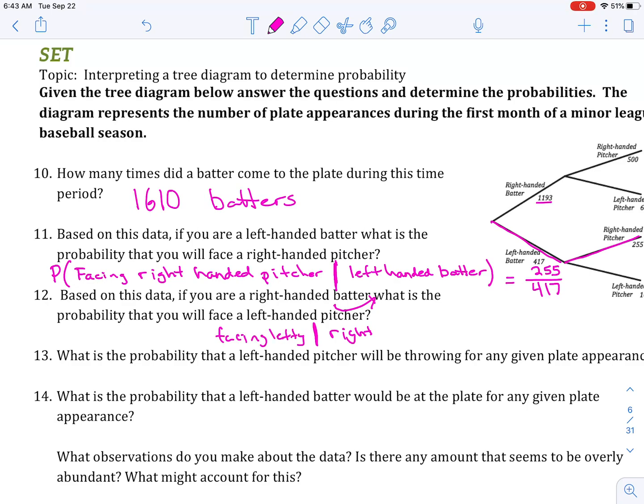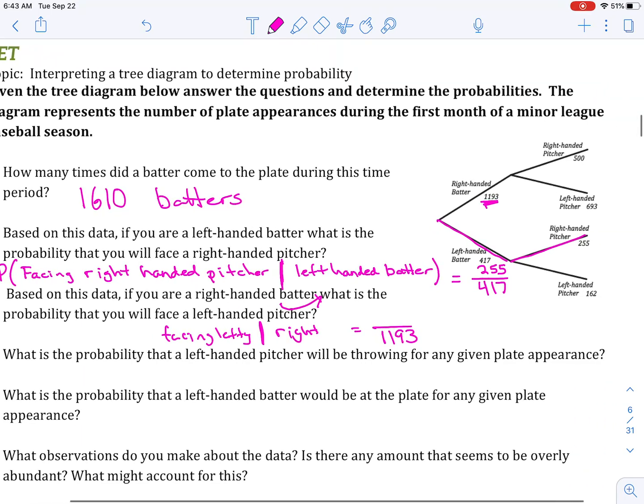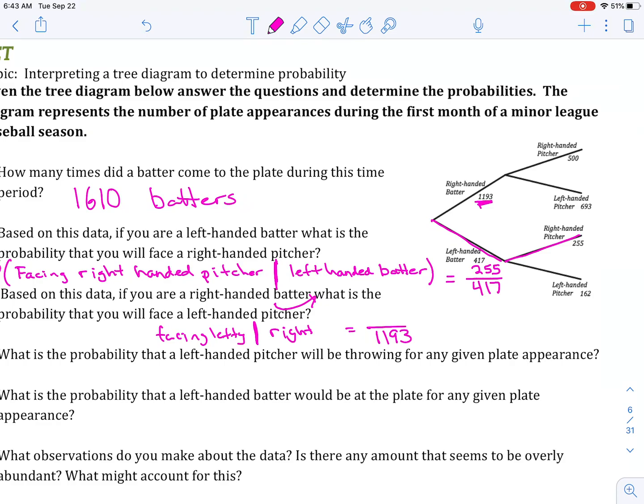So the total on this one is the right-handed batters, which is 1193. And then of those right-handed batters, how many faced a left-handed pitcher? It would be 693.